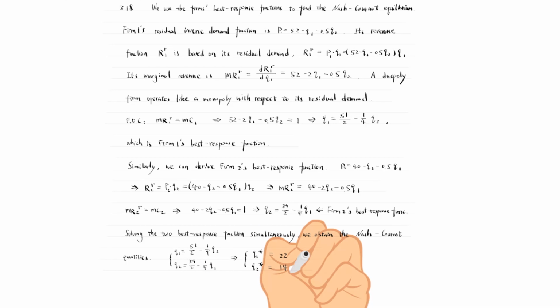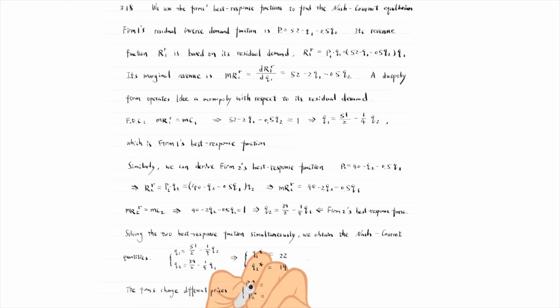Firm 1 produces 22 units, and Firm 2 produces 14 units. We can also find each firm's equilibrium price by substituting the quantities into the residual inverse demand function. They charge different prices.